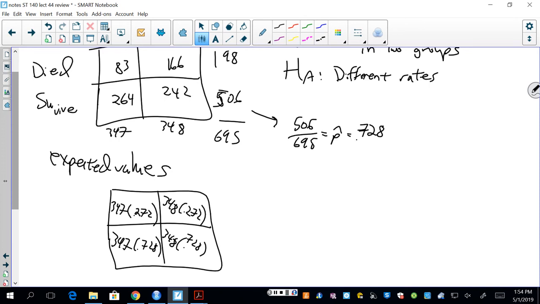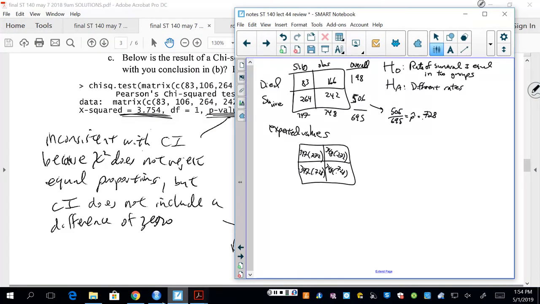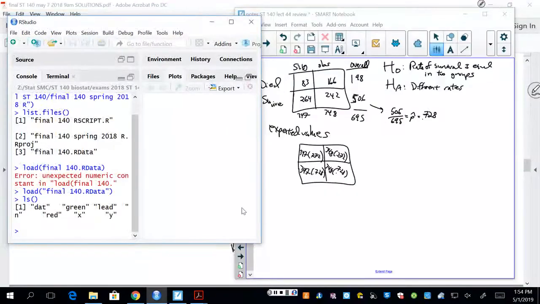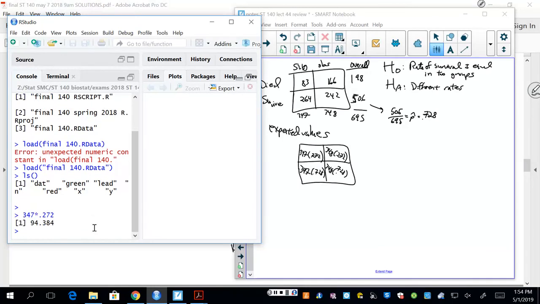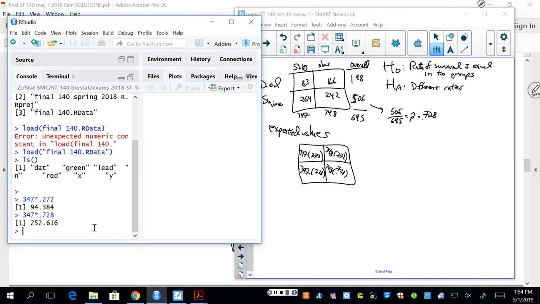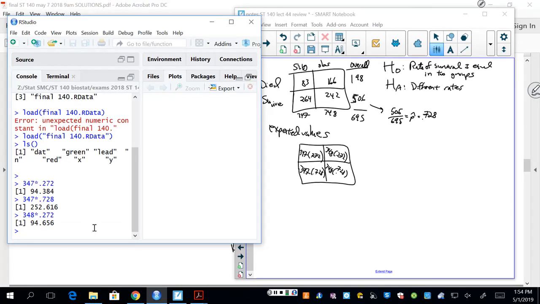Calculator, we could just do that quickly. So we expect 347 times 0.272, or 347 times 0.728. And the other one is practically the same, 348 times 0.272. It was a randomized study, so they're basically the same numbers.